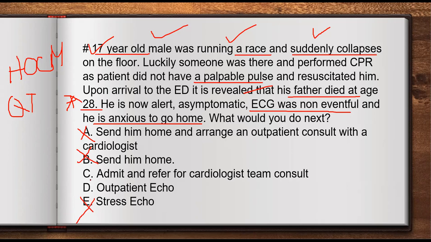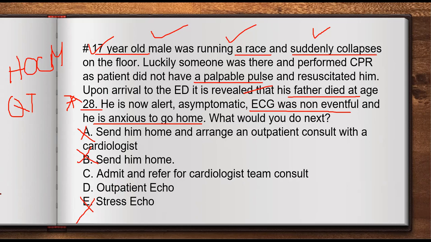After that, we have C and D. Do you want to order an outpatient echo, or do you want to admit the patient and refer for cardiologist team consultation? Between these two, I would not choose outpatient echocardiogram because just a couple of minutes ago this patient needed CPR because he was totally collapsed and did not have any pulse.